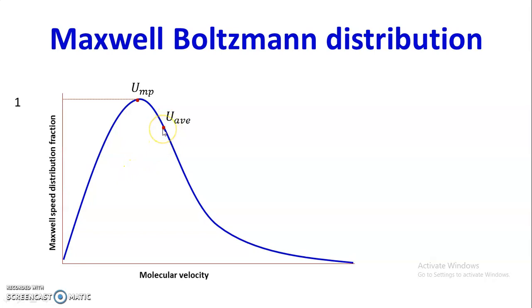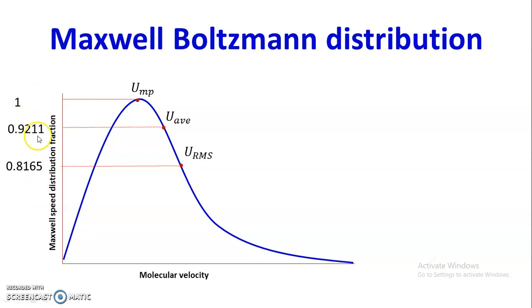Then this is the position of average velocity, and 0.9211 is the fraction of the average velocity, which is less than the most probable velocity. And this is the position of root mean square velocity, fraction is 0.8165.